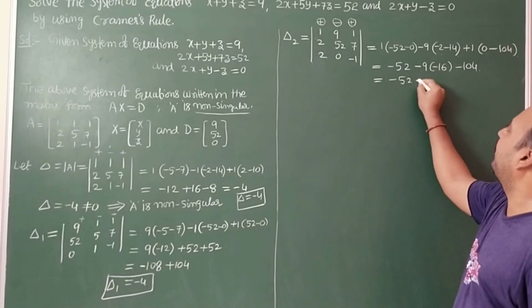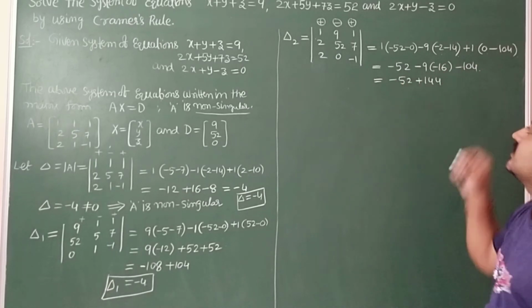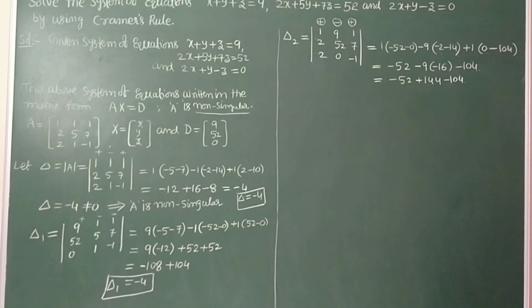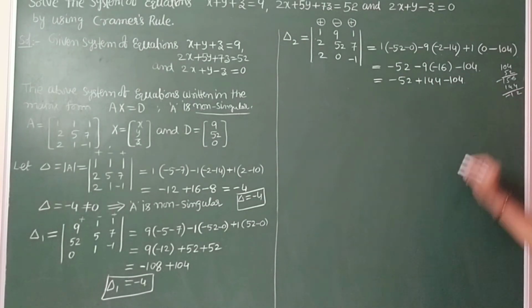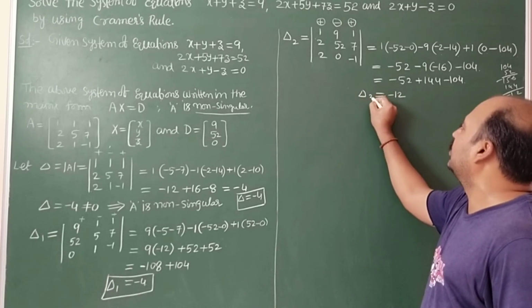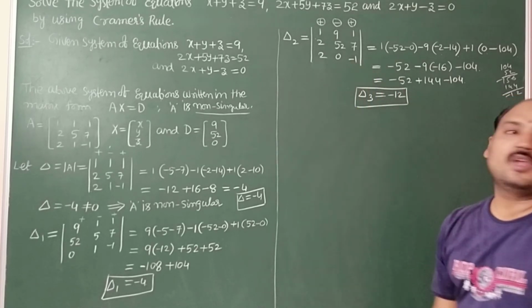Minus 52 plus 144 minus 104 and 52 is 156, 144 minus 156 is minus 12. So delta 2 is equal to minus 12.